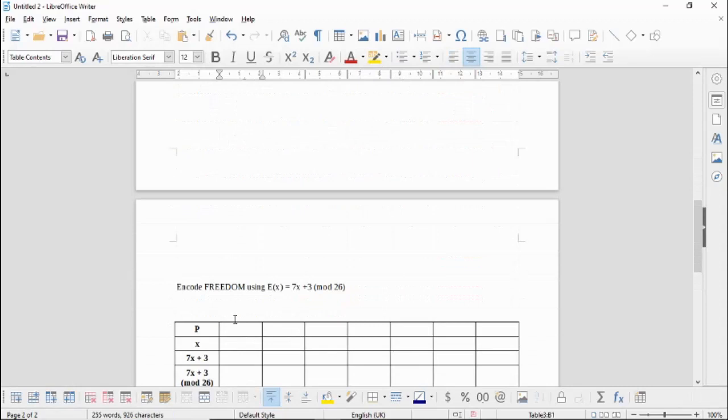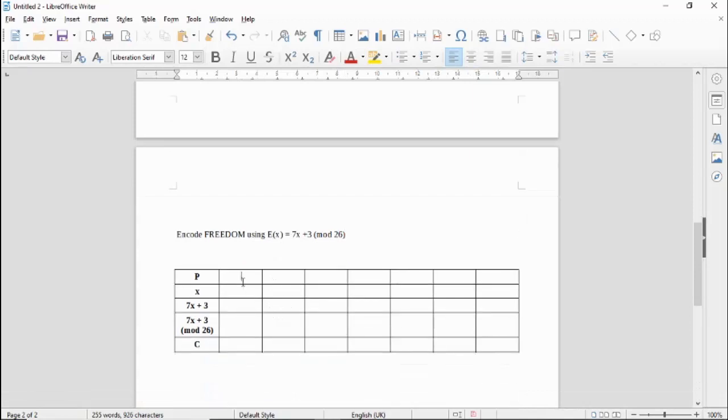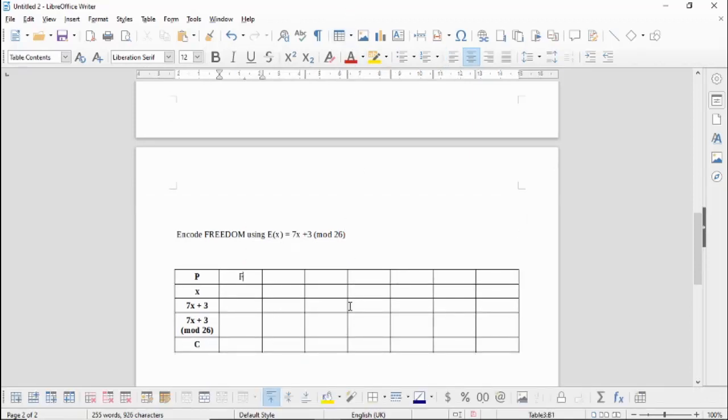Encode freedom using E(x) is equal to 7x plus 3 mod 26. So let's first input all the individual letters of the word freedom, and then now we're going to put in plain text values.